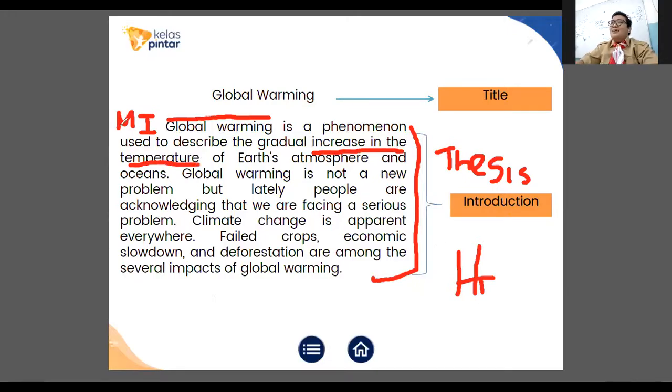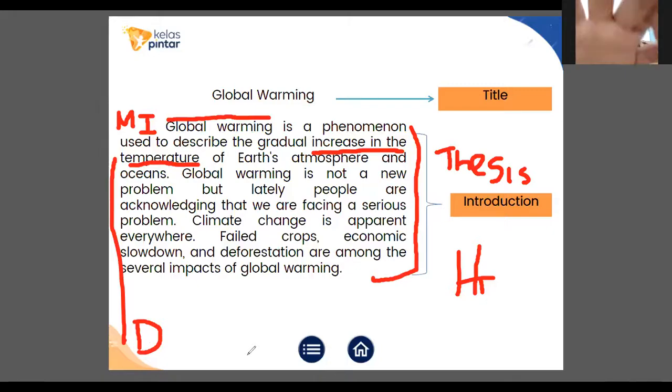Nah, di highlight ini juga bisa adalah sebuah definition, ya. Dia jelasin dulu apa sih global warming. What is global warming? The definition of global warming. Oh, global warming is a phenomenon used to describe the gradual increase in the temperature of Earth's atmosphere and oceans.